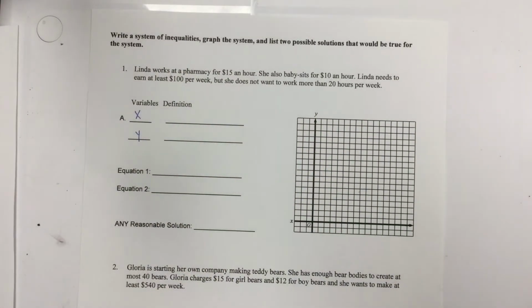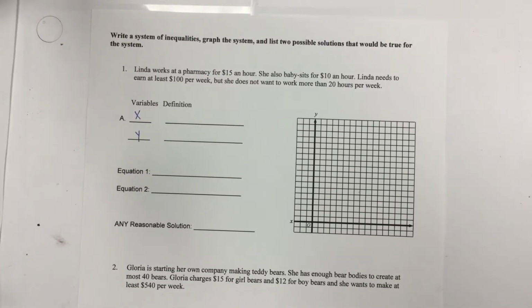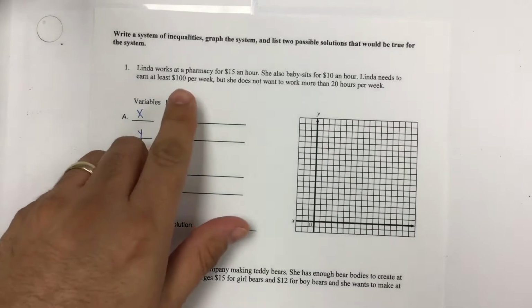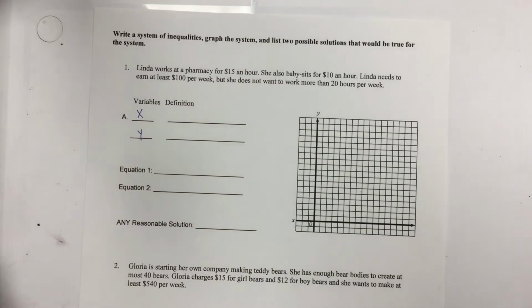So it says Linda works at a pharmacy for $15 an hour. She also babysits for $10 an hour. Linda needs to earn at least $100 per week, but she does not want to work more than 20 hours per week. So we have X and we have Y. So the things we're talking about here are Linda working at a pharmacy and Linda babysitting.